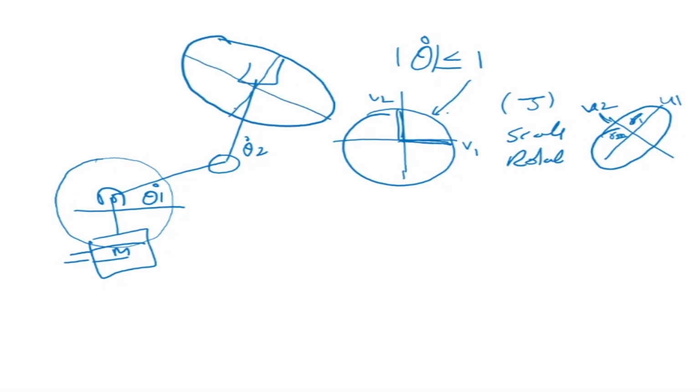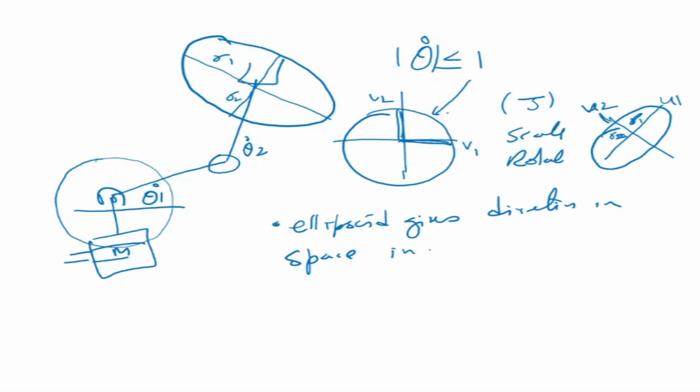Now, what is the indication of sigma 1 and sigma 2 in this case? The ellipsoid gives directions in space in which you can move easily.